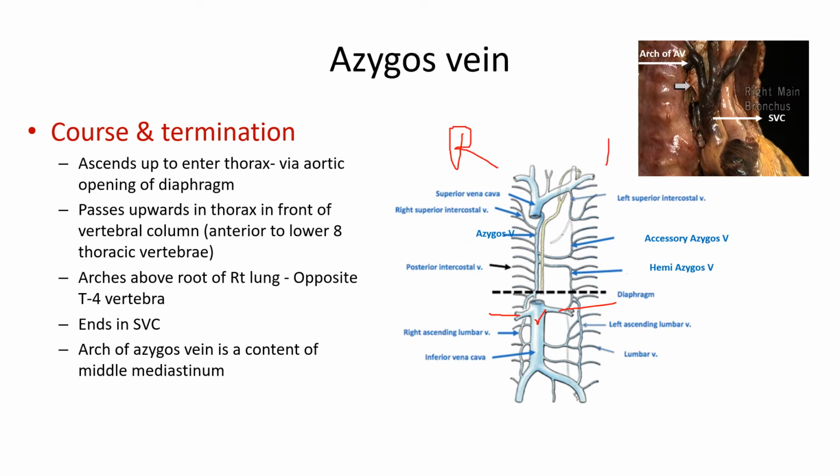This is the left side. Okay. So starting from there, it will ascend up into the thorax via the aortic opening in the diaphragm. It will enter the thorax and run in the posterior mediastinum in front of the vertebral column, that is anterior to the lower 8 thoracic vertebrae.